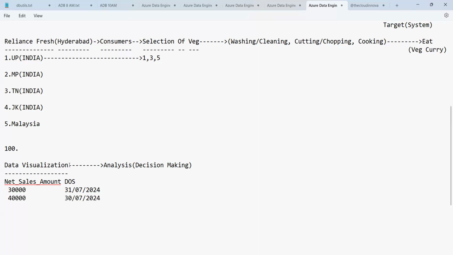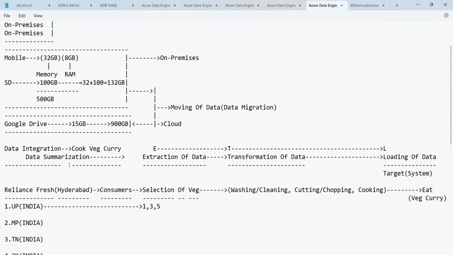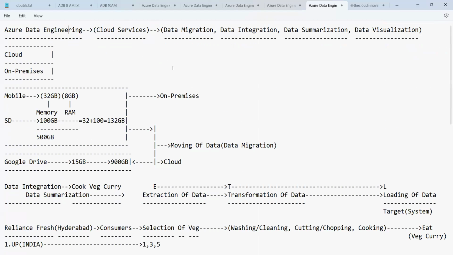Now, guys, already I have explained everything in this process: data migration, data integration, data summarization, and data visualization. All these jobs together are called the data engineering process.